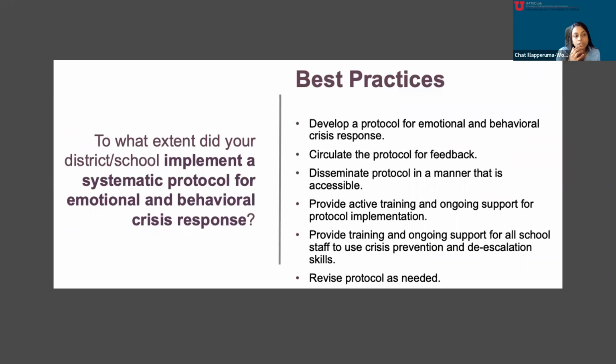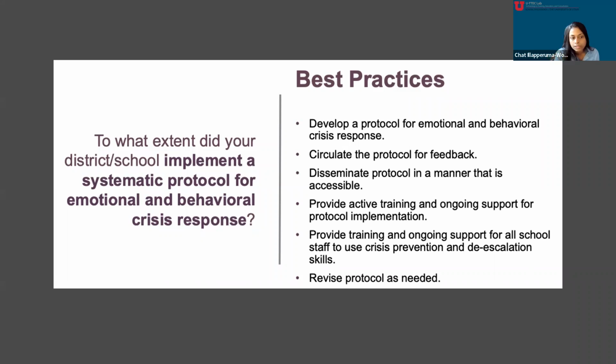So the next one is, to what extent did your district or school implement a systematic protocol for emotional and behavioral crisis responses? I want to include this because every school does experience crisis in some capacity, right? Sometimes it's an every week thing for some schools, or every other day for some schools, it comes and goes.